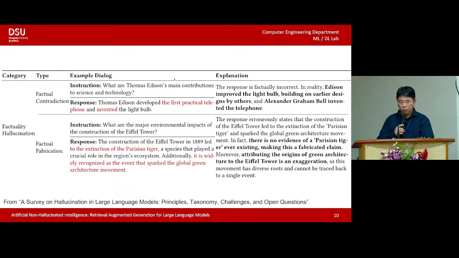sounding plausible or coherent. This phenomenon can occur for a variety of reasons, and understanding it is crucial for both developers and users of these technologies. LLMs are trained on vast datasets compiled from the internet, books, articles, and other text sources.